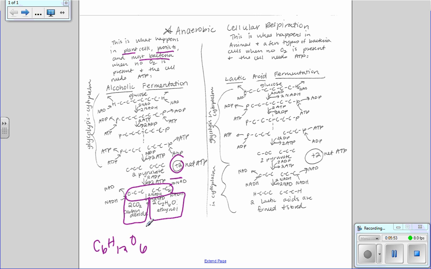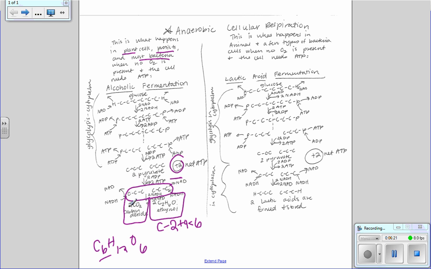So what's going to happen here is that we're going to make 2 CO2s and 2 ethanol molecules. As you can see, that means that if we have 2 CO2s, then we multiply the 2 times the C. So for carbon, we've got 2 here, and then 2 times 2. So we come out with 6 carbons, exactly what we needed.